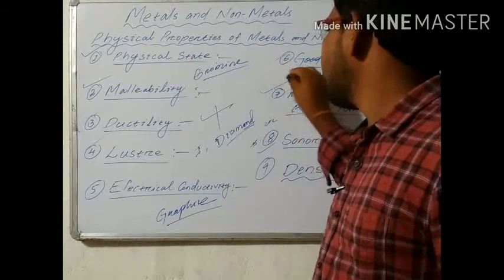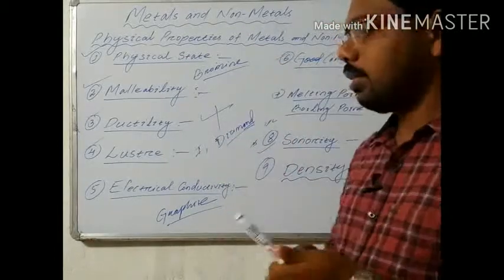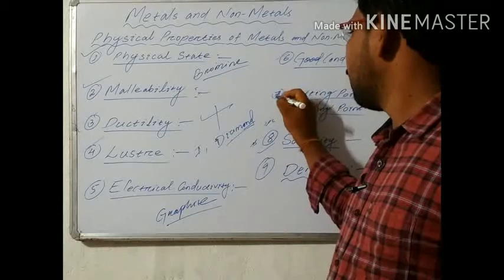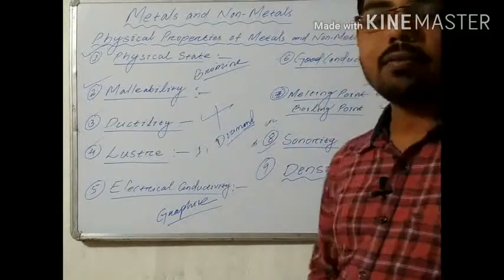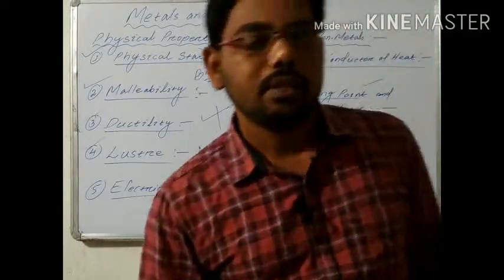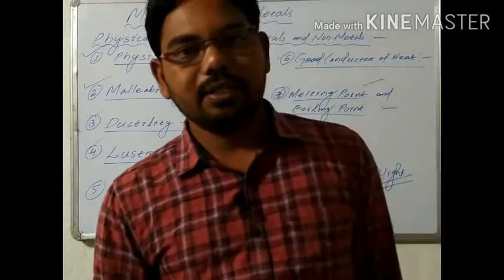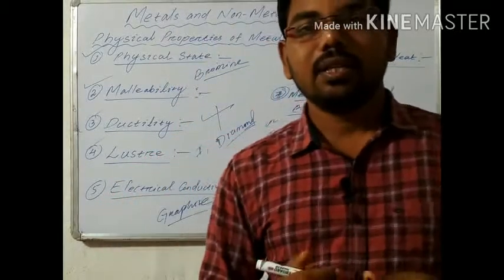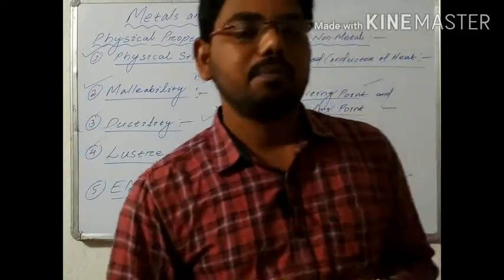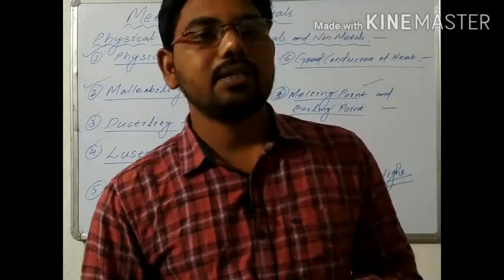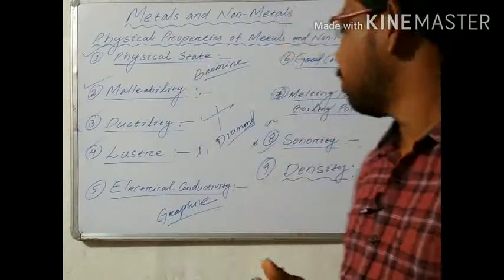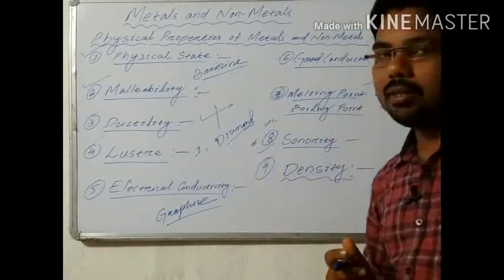Non-metals are generally poor conductors of heat because they do not conduct heat from one part of the body to another. If we heat one side of a piece of plastic and touch the other side, it is not hot. That's why in non-metals heat cannot transfer from one part to another.